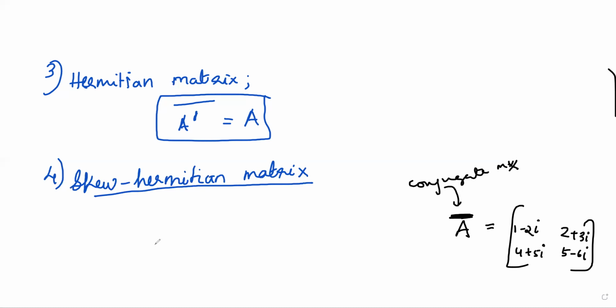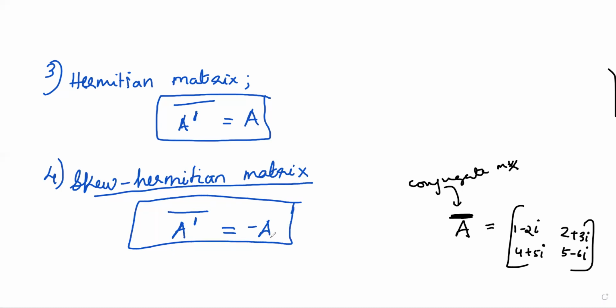Skew Hermitian means I am taking the transpose of a matrix and taking its conjugate, and I am getting minus A. Then that matrix A is known as a skew Hermitian matrix. Understand it carefully. I am taking the transpose, then taking the conjugate, and I am getting negative A as the answer. Then that type of matrix is known as skew Hermitian matrix.